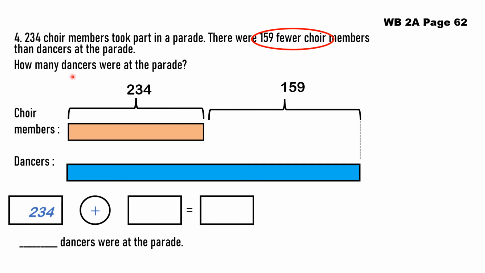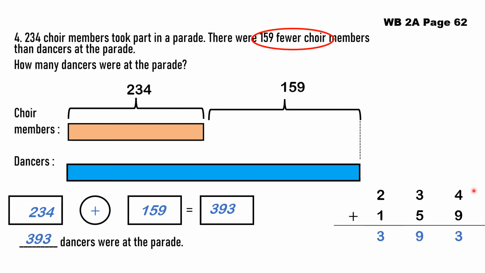So how many dancers were at the parade? So we have 234 plus 159 to get 393. So there were 393 dancers that were at the parade.